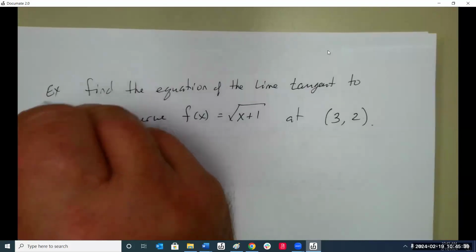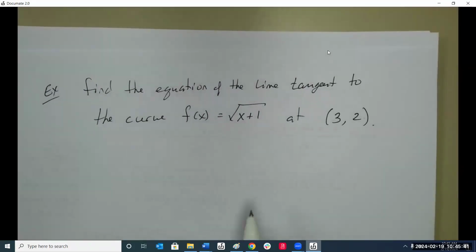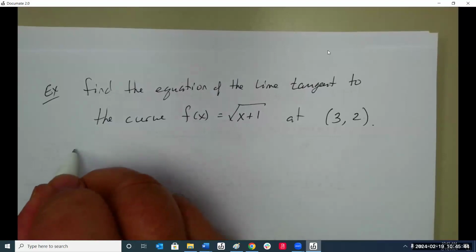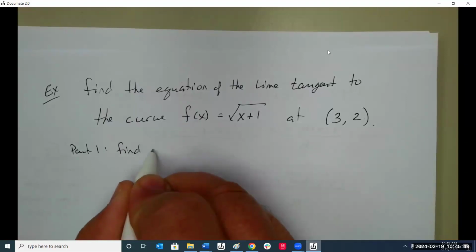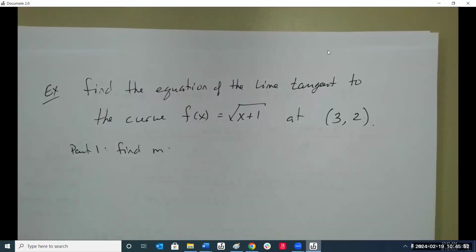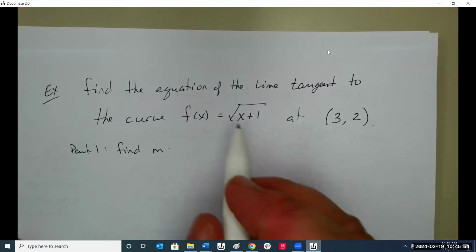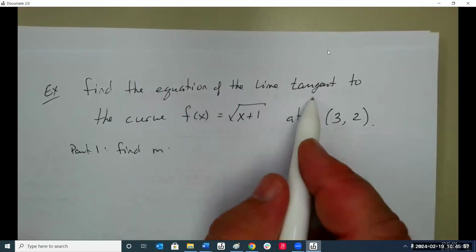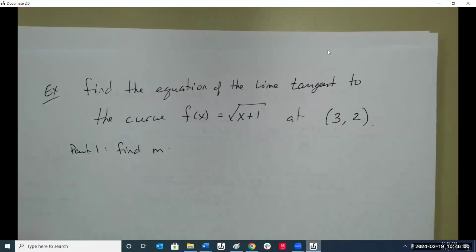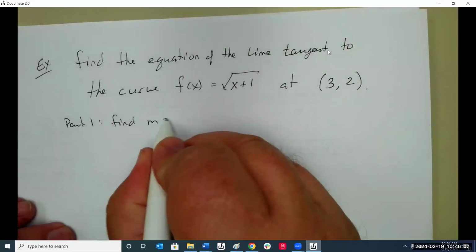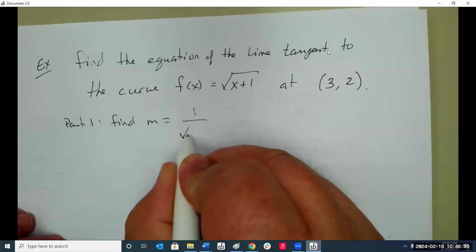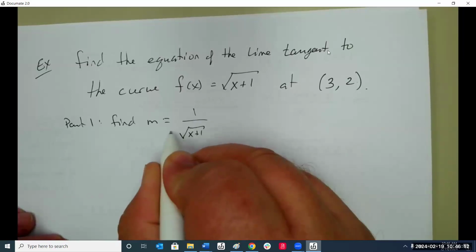So this is an example. Find the equation of the line tangent to the curve at that point. So part 1, find the slope. Since it's a radical one and it's a curve, we do all this stuff. So eventually after all that stuff, we get m equals 1 over 2 radical x plus 1.